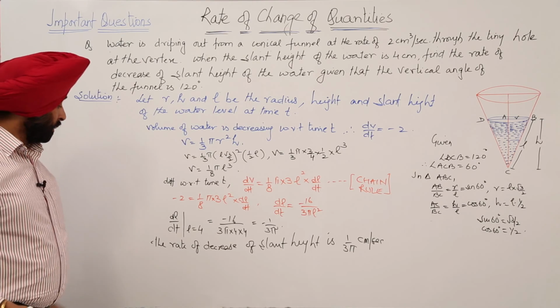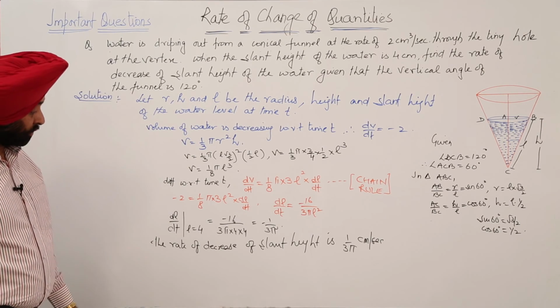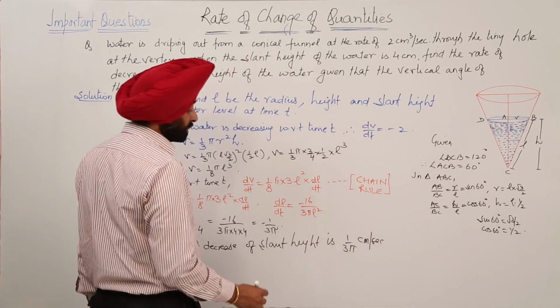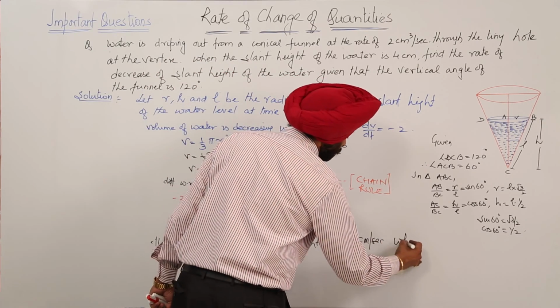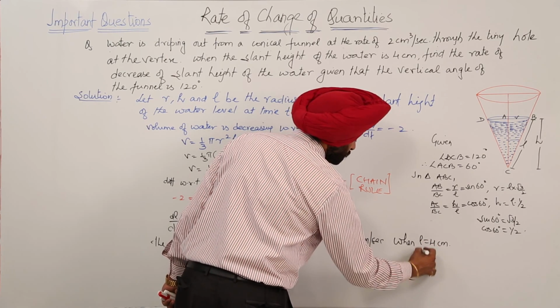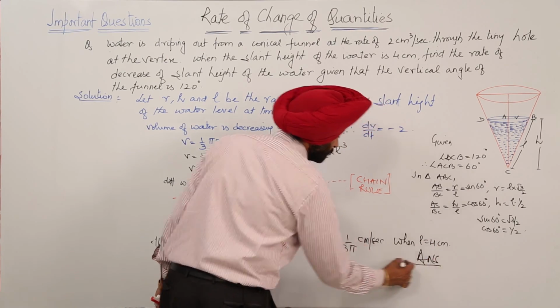Rate of the decrease of slant height is 1 upon 3 pi centimeter per second when L is equal to 4 centimeter, and this is the answer.